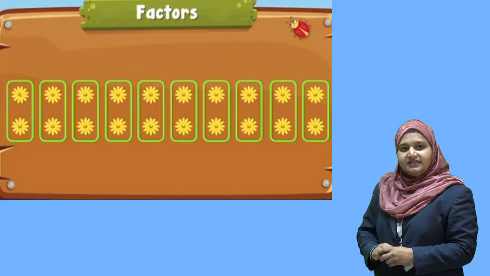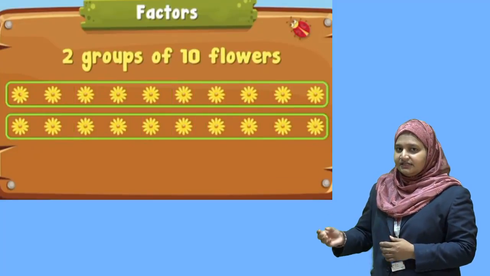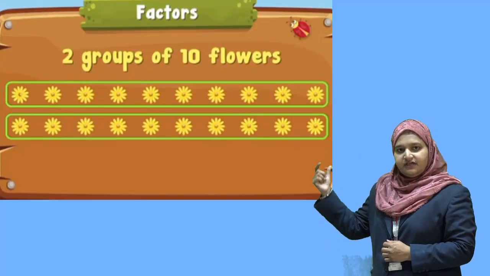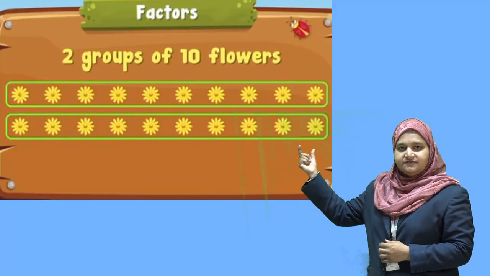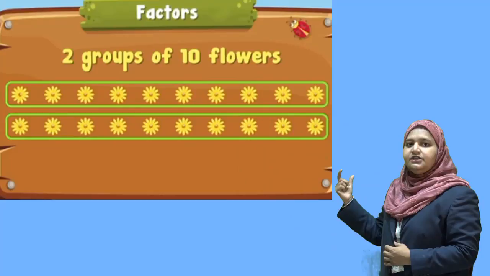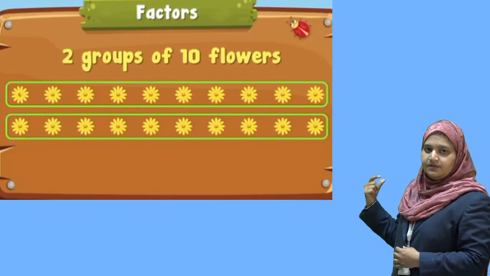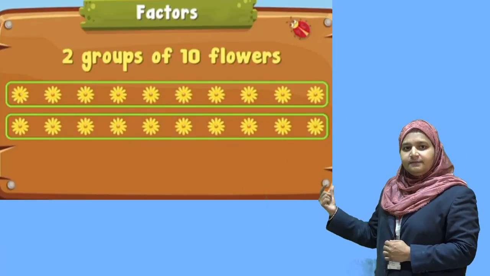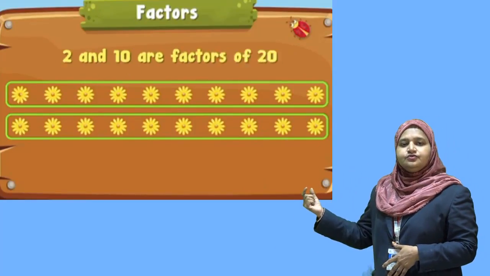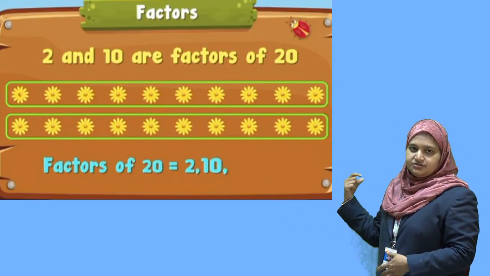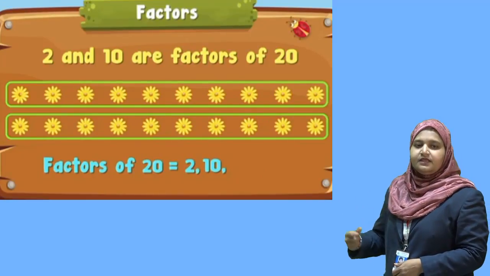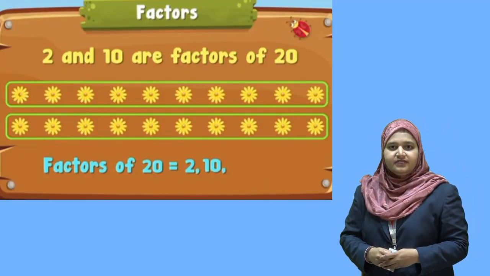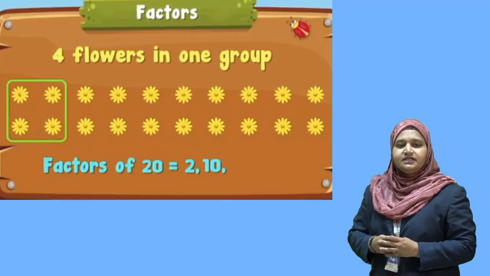Similarly we can arrange in another way, 10 flowers in one group. In this way we can arrange the given flowers into two groups. Hence, these two numbers divide 20 completely. So 2 and 10 are factors of 20. In another way, we can arrange 4 flowers in a group.